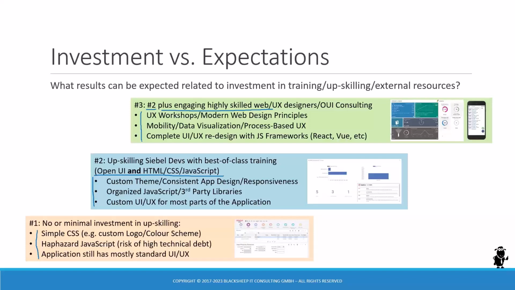That's, of course, the highest cost, but also you get the most out of it. So in the middle here is the upskilled Siebel developer who can take part in, well, both sides, either a type 2 or type 3 project.